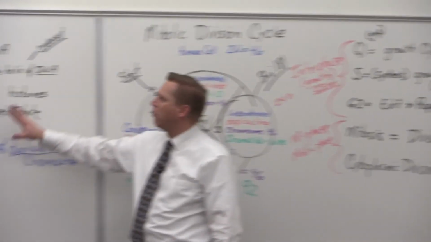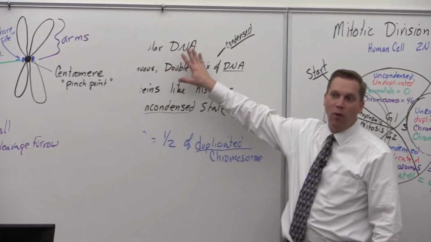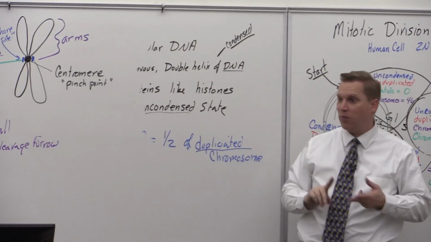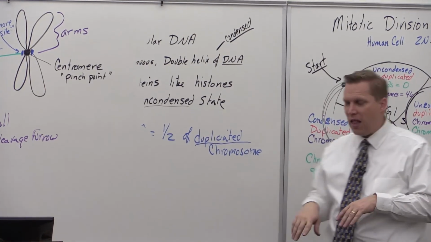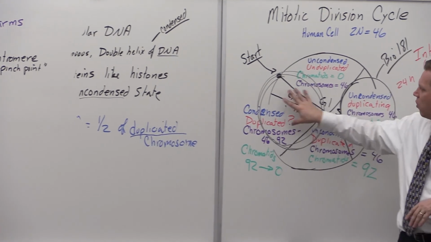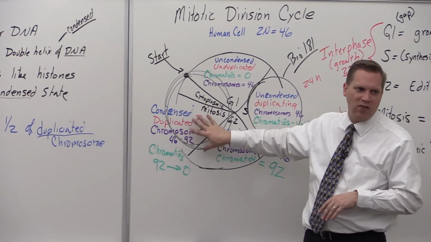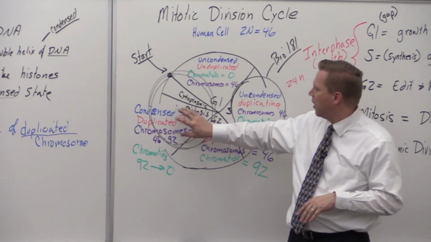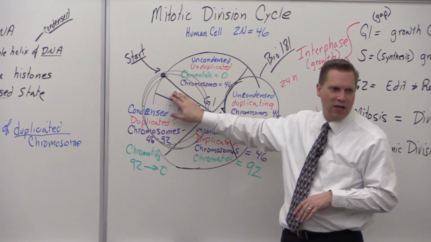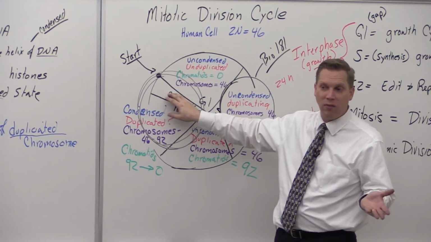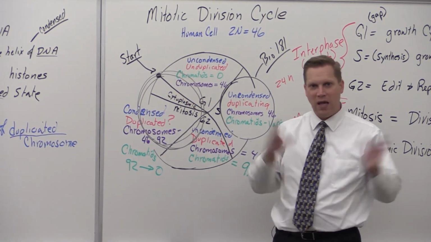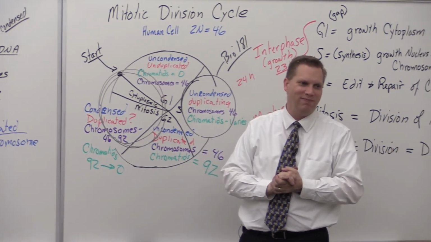We talked about some of the chromosome terms like duplicated, unduplicated, condensed, uncondensed, sister chromatids. And then we started to focus really on the structures and mechanisms associated with mitosis and cytokinesis. And then we talked about cytokinesis in both animals and plant cells. And that'll wrap it up for this lesson. Good luck.